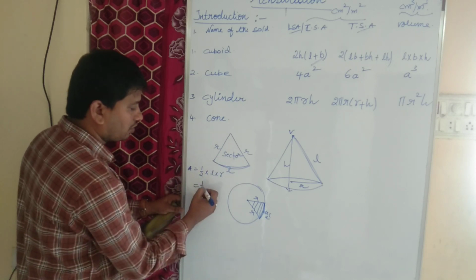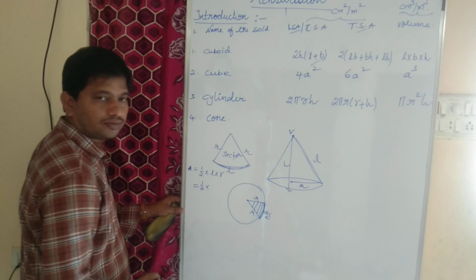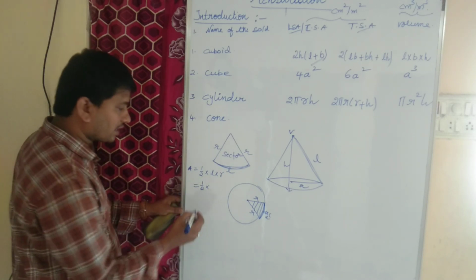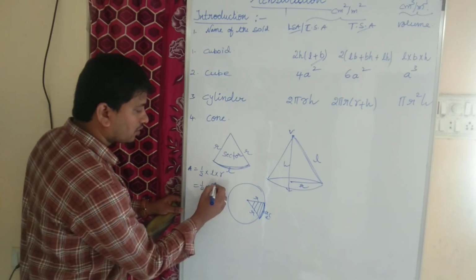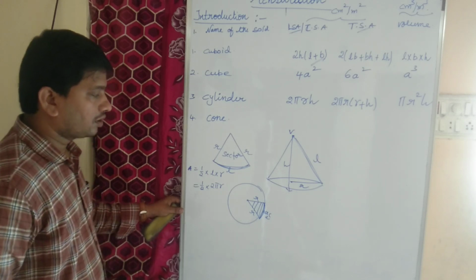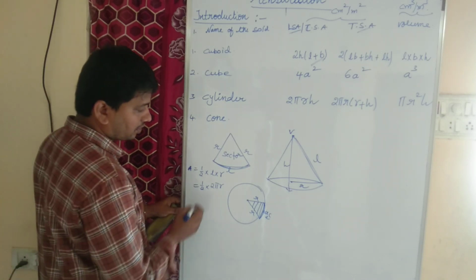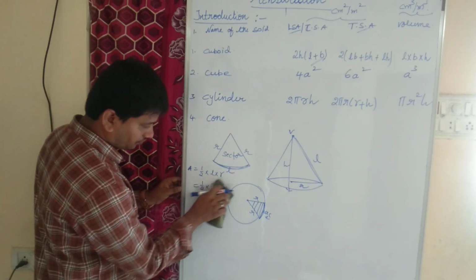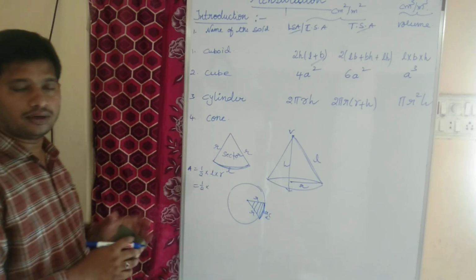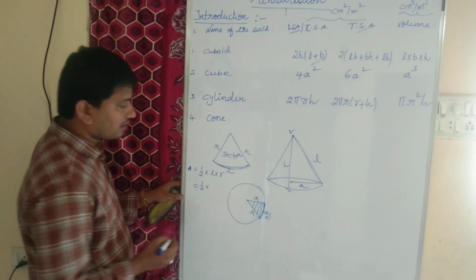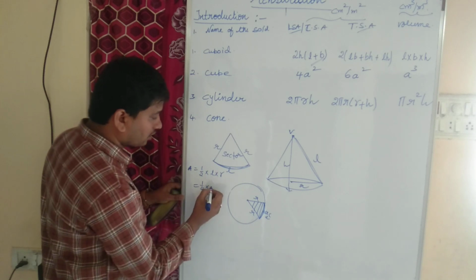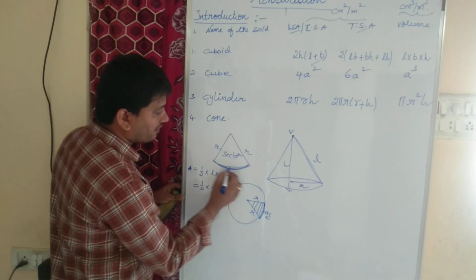So half into this L, which becomes the circumference of the circle, which is 2 pi r. L is the length of the arc, so this is our circumference.